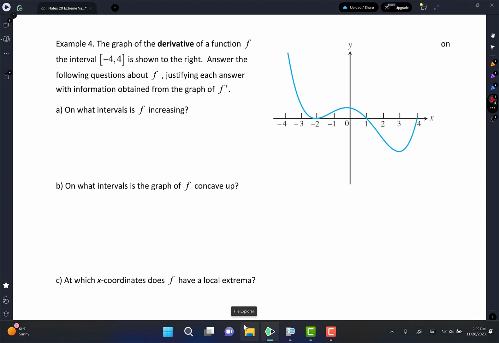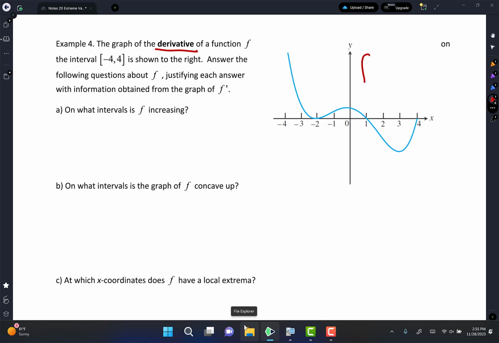So we're getting closer and closer to real AP questions. Example 4. The graph of the derivative of a function f on the interval -4 to 4 is shown to the right. So what graph is this? Don't tell me the function, because it's the derivative graph.